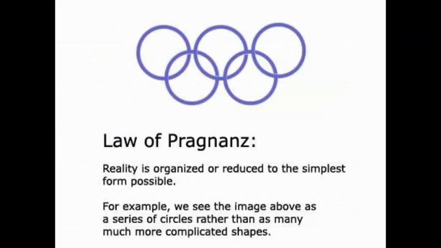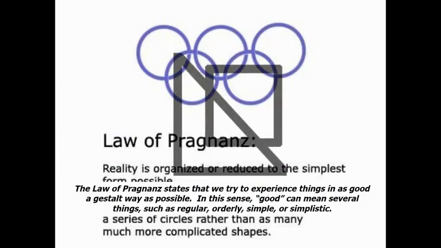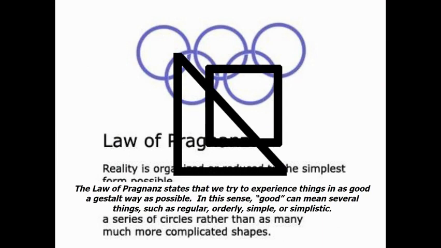So we focus on the more simplistic and understood aspects of the image. We always try to make things as simplistic, as orderly, as regular, as easy for our brains to understand as possible.